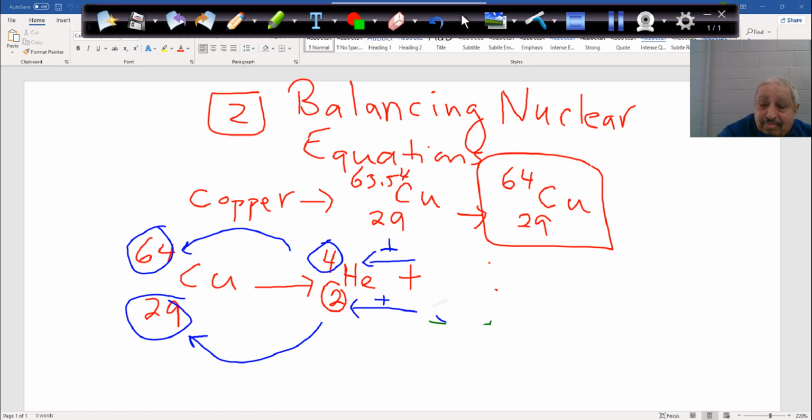So now take this one here and take this one out. Okay, guys, so my element is cobalt, capital C, small o. The top, the atomic mass, is 60, and this is 27. So this is cobalt.